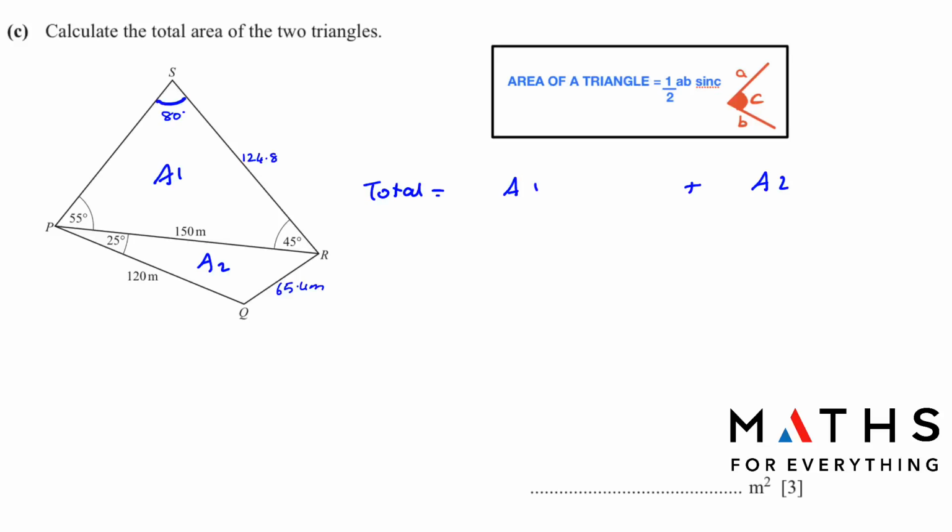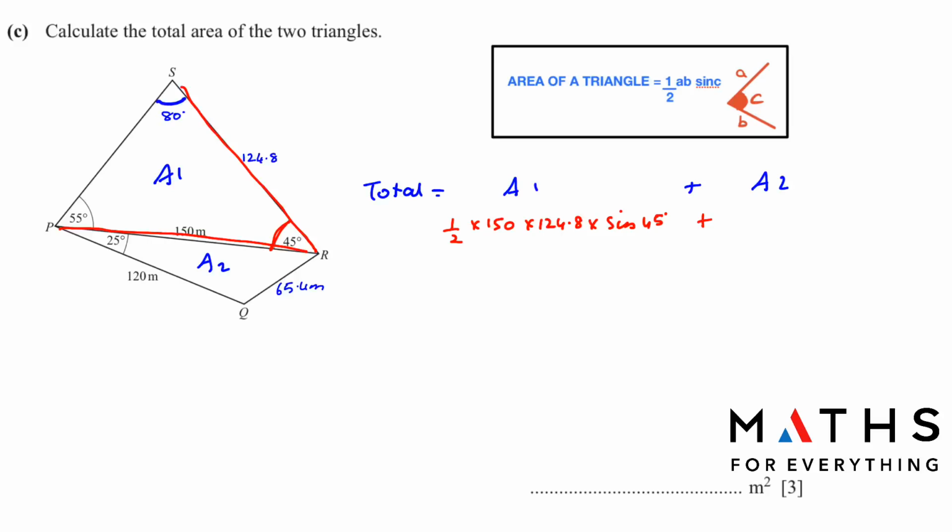In area 1, you can use this side as your a, this as your b, and the middle as your angle C. So we will write half times 150 times 124.8 times sine 45.